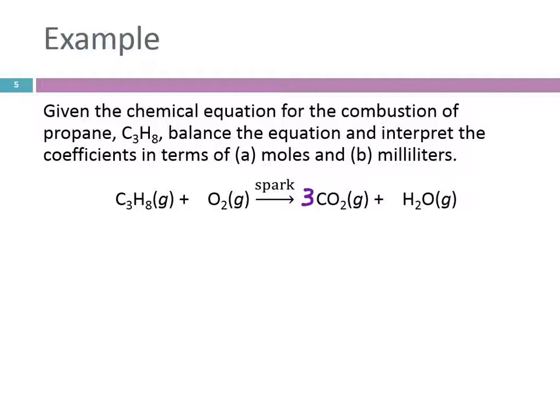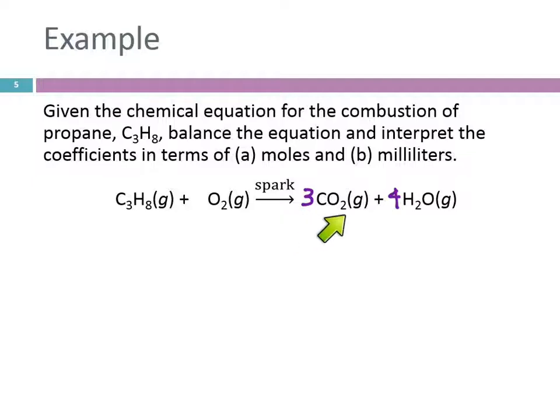Do you remember this? And then over here I have 8 hydrogens, and over here I only have 2. But if I multiply this by 4, 2 times 4 is 8. So now I've got 8 hydrogens and 8 hydrogens. And I like to leave oxygen for last because oxygen is in 2 places over here.